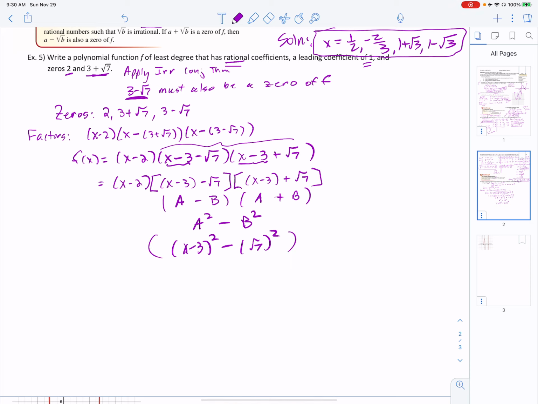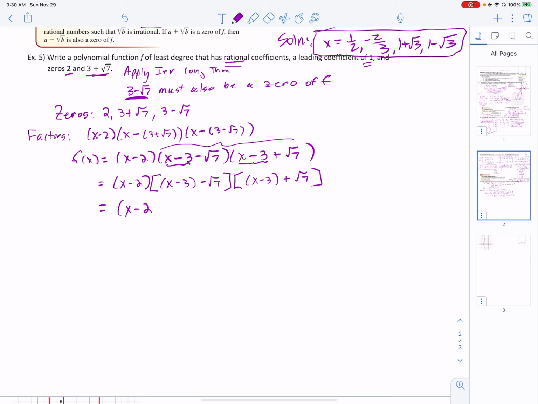So those two quantities, this is the fastest way to be able to multiply them, is recognize it as a sum and difference. And so that when you multiply them, you just get that a squared minus b squared. Go back and re-listen to that, kind of see that pattern.